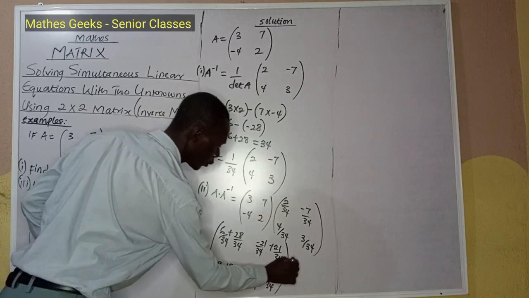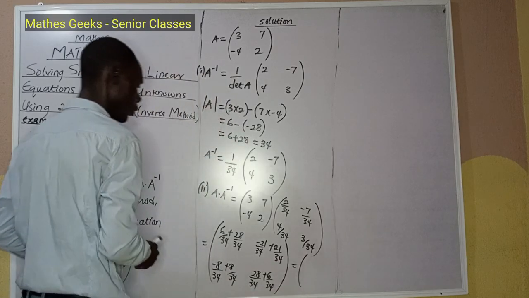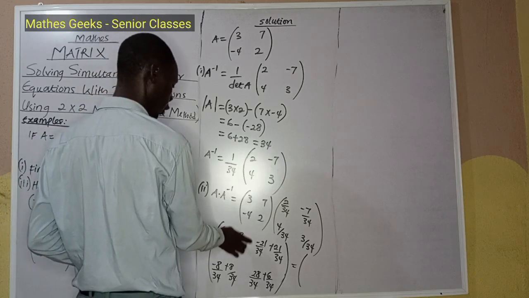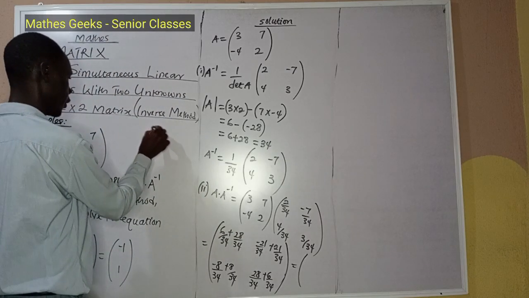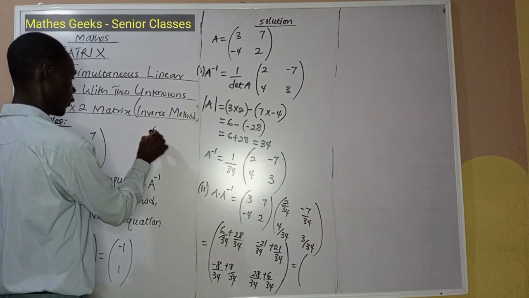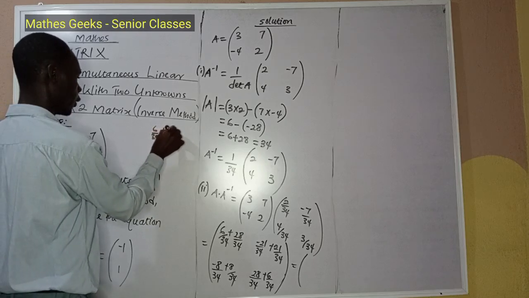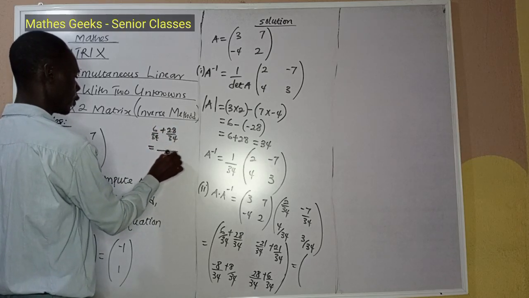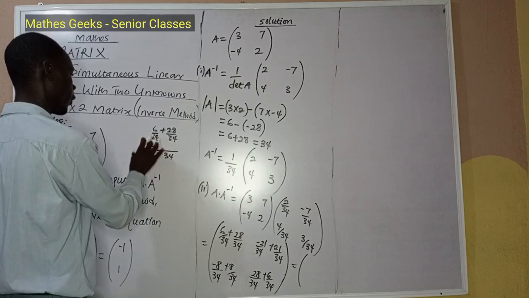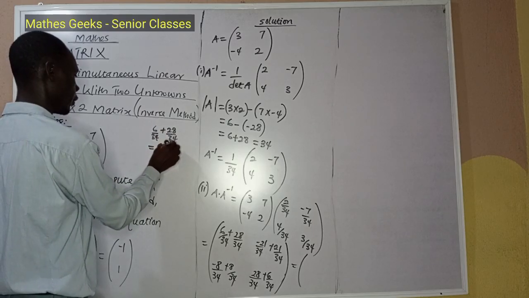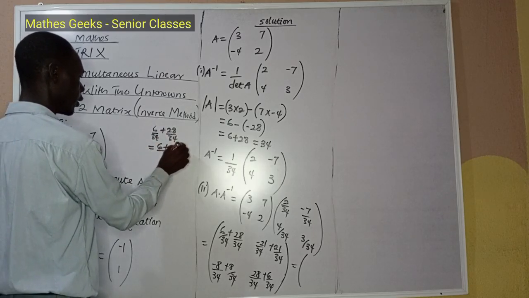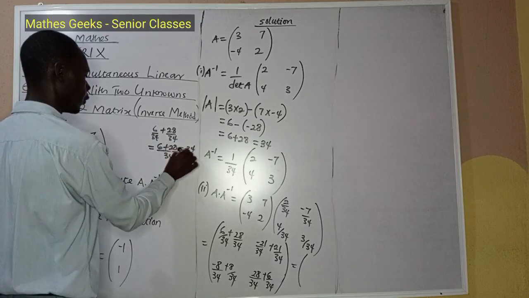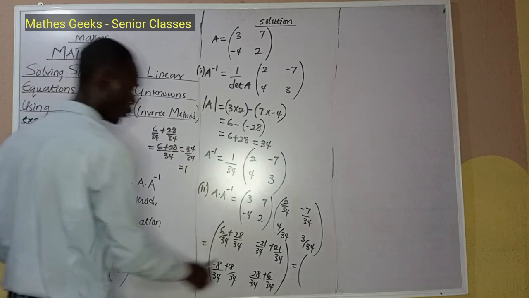So 6 over 34 plus 28 over 34. The denominator is 34. 6 plus 28 is equal to 34 over 34, which is equal to 1.